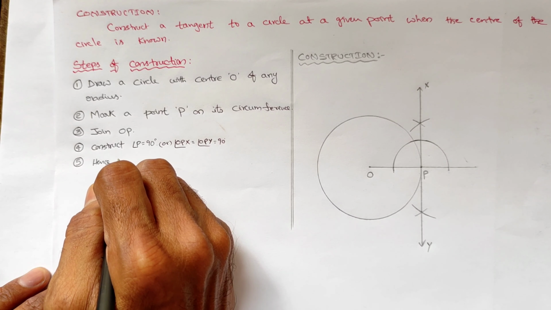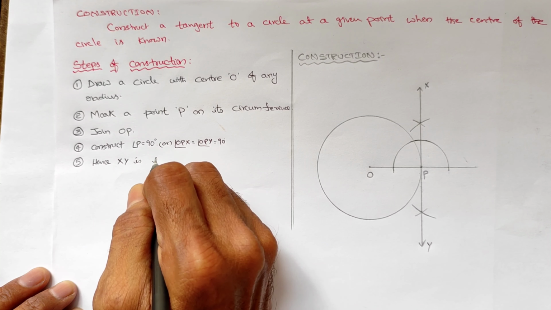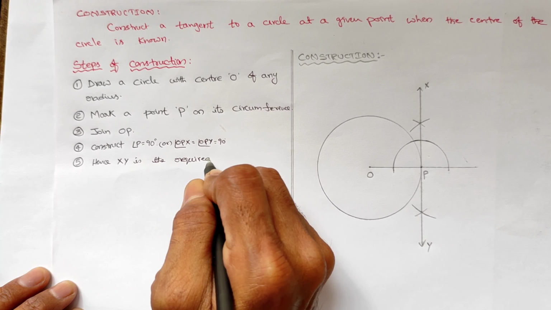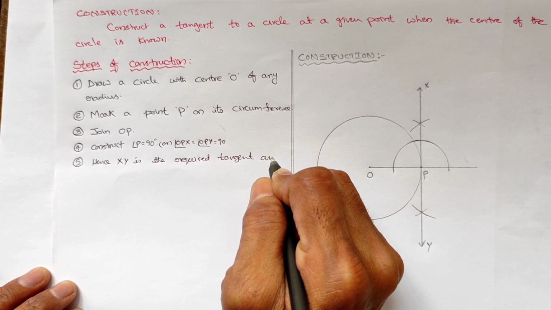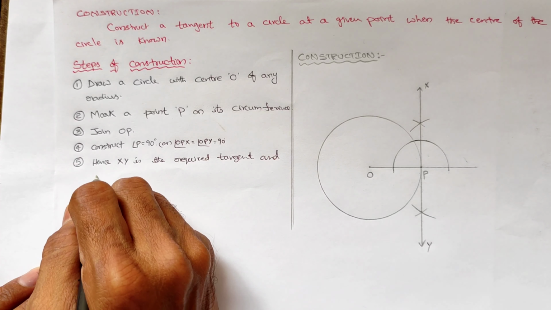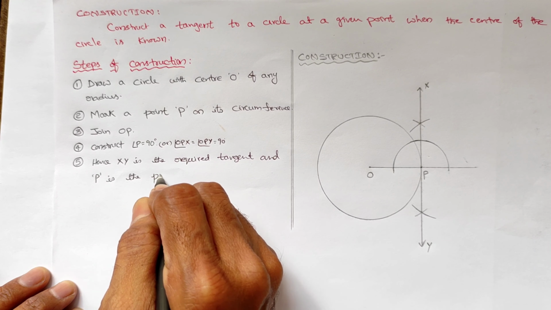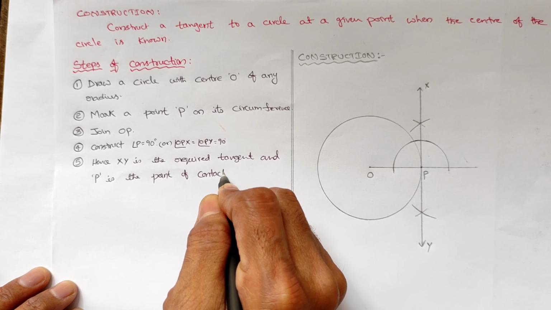So hence XY is the required tangent, and P is the point of contact.